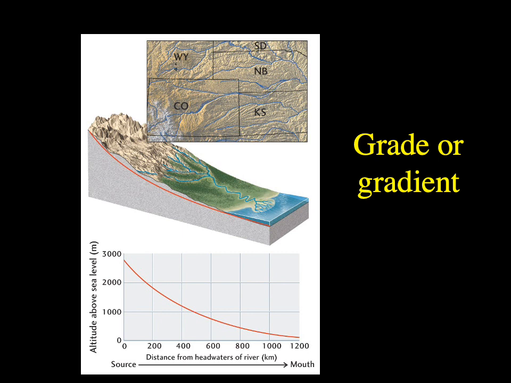So here's just an example of what this grade or gradient looks like, right? Remember that this is just a fancy word for the slope. What's the rise over the run? So if we look at where the Rocky Mountains are, and we look at how the rivers drain out there and head out towards, say, the Mississippi River, here is Wyoming and Colorado, South Dakota, Nebraska and Kansas.